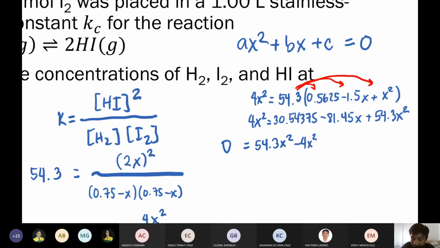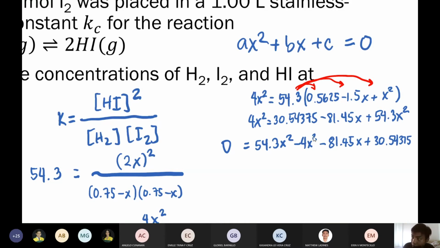Negative 4x square. Ano susunod? Nasulat ko na yung mga x square ko followed by the x. Yung x ko negative 81.45x. Then yung c, yung number lang, that's positive 30.54375. Okay?